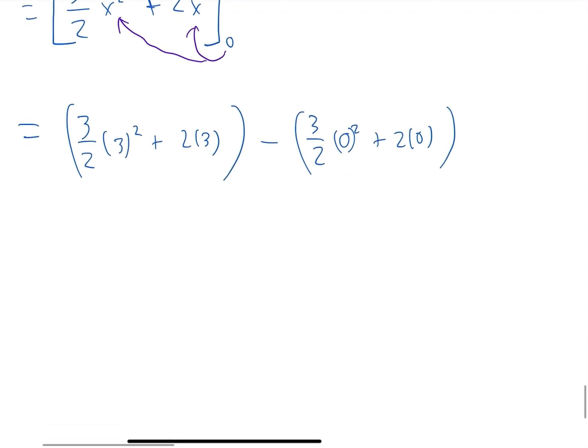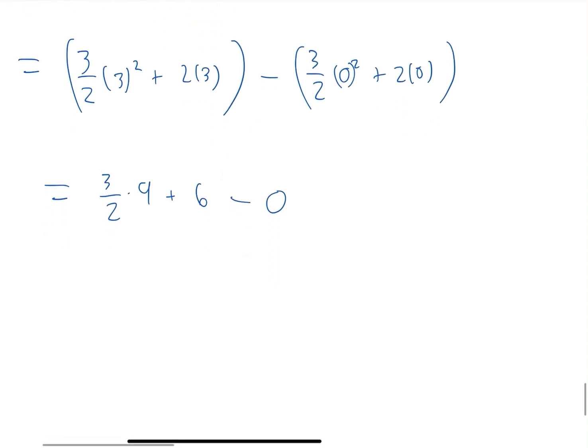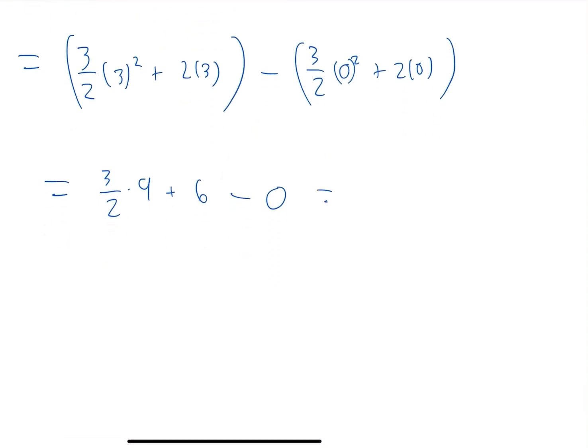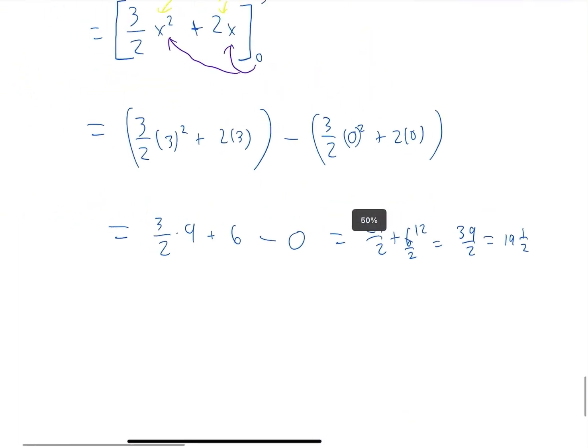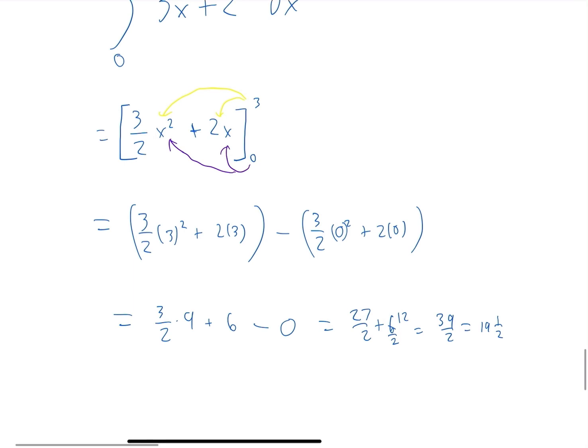When we solve all of this, we get 3 over 2 times 9 plus 6 minus 0. That is equal to 27 over 2 plus 6. With basic arithmetic, we get 39 over 2, or about 19 and 1/2. And that is how you would solve the definite integral.